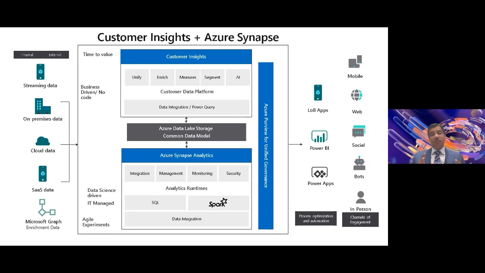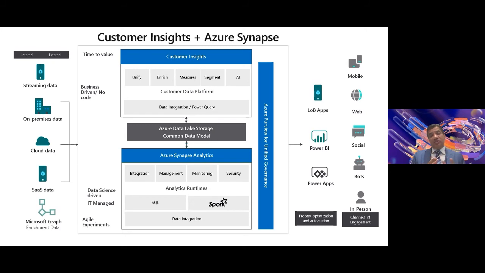So that 1-2 punch and combination of Azure Synapse and Customer Insights takes care of both the layer at which the business value is transferred to the business user, and at the same time empowers an agile experimentation layer for all of your data scientists and data engineers.